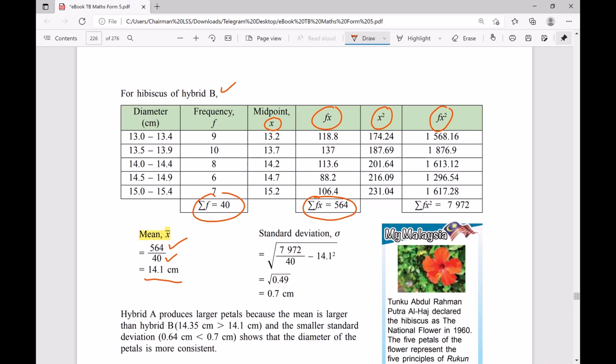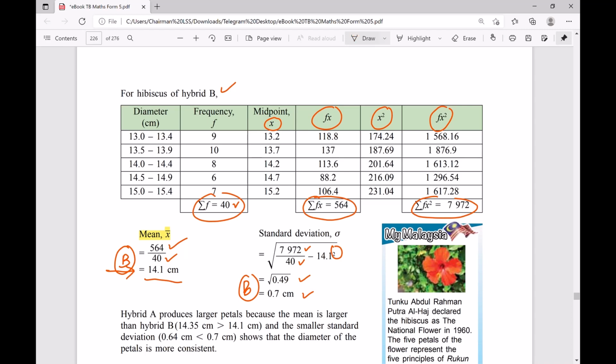And then for your standard deviation, you take this over the sum of your frequency, minus your mean. Remember to square it, and then you get 0.49, and the answer is 0.7 centimeter. This is the standard deviation for hybrid B.